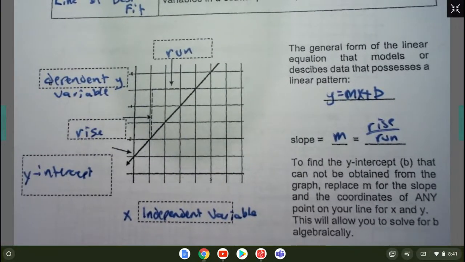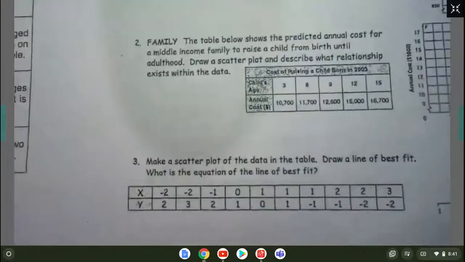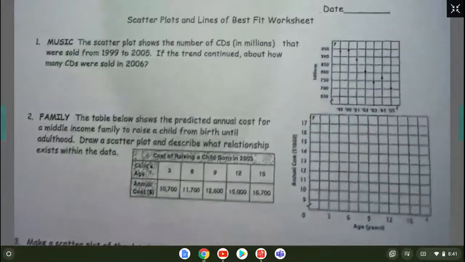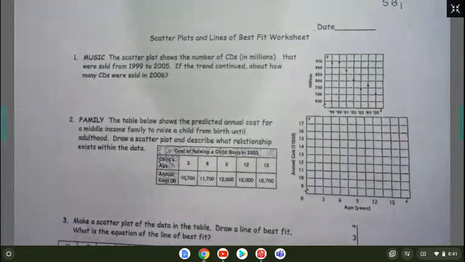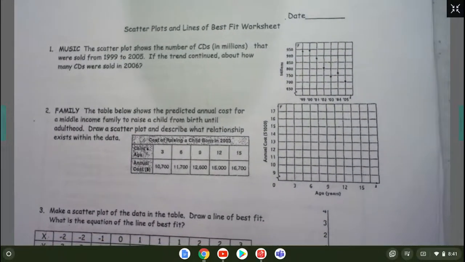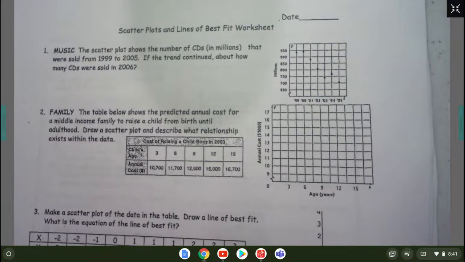So there's a little bit of notes on our graphs, which could be helpful in the future. Let's come over to scatter plots and line of best fit. The scatter plot shows the number of CDs in millions that were sold from 1999 to 2005. The trend continued, about how many CDs were sold in 2006?